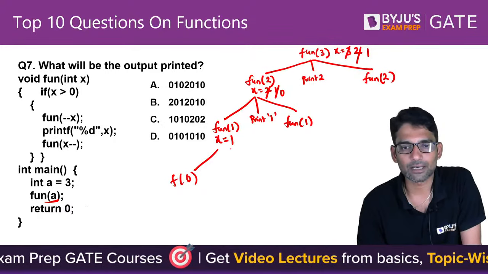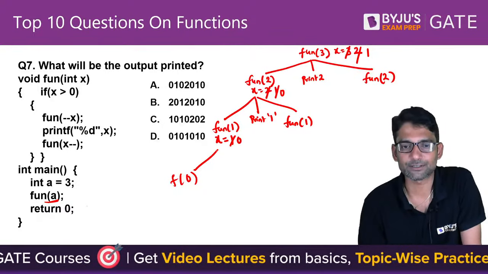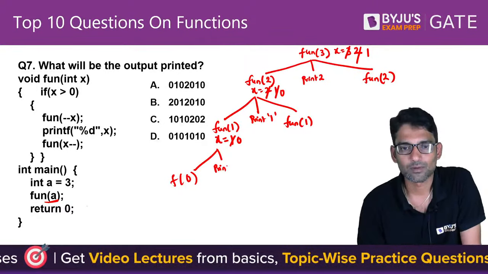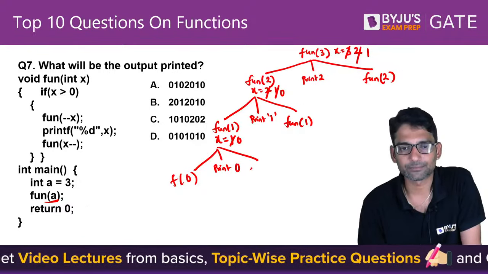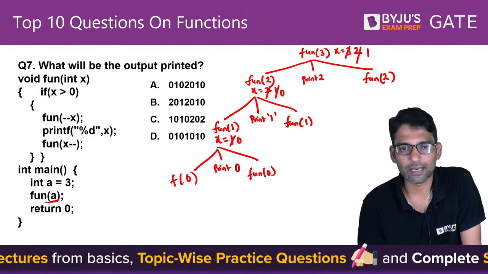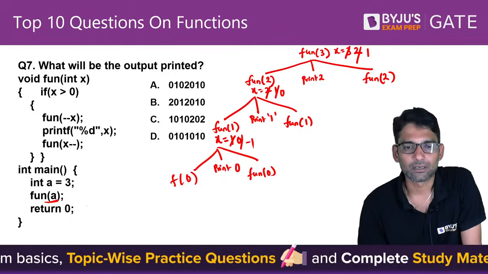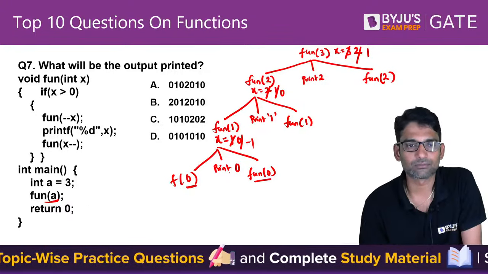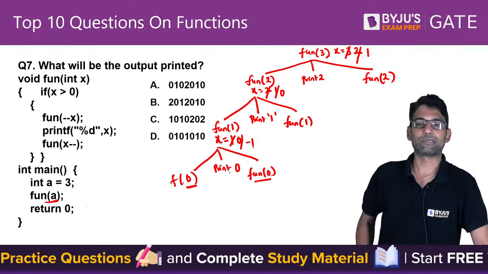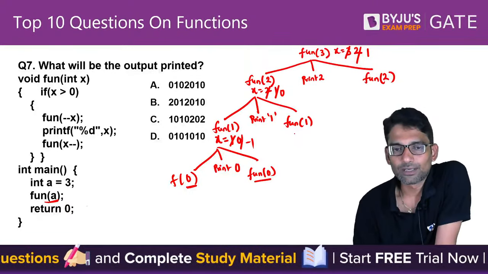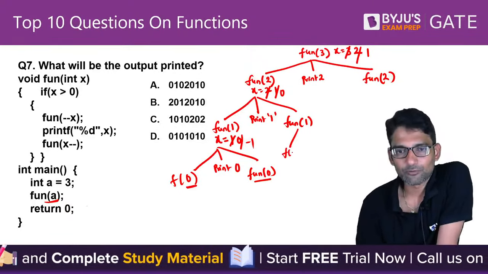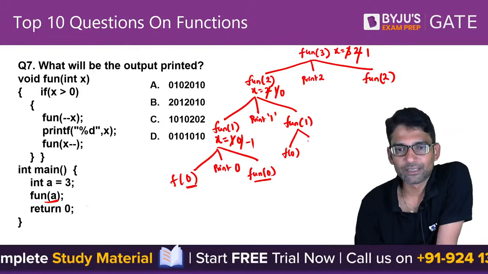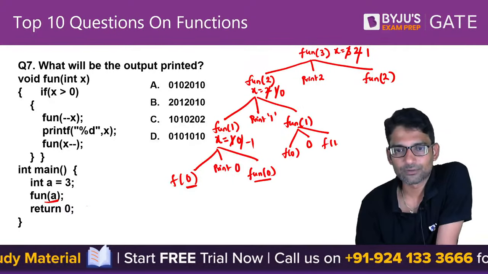Fun of x minus minus x, print x, fun of x minus minus. Now when x is 0, this recursion won't take place. So what is fun of 1 again? Fun of 0, print 0, fun of 0.